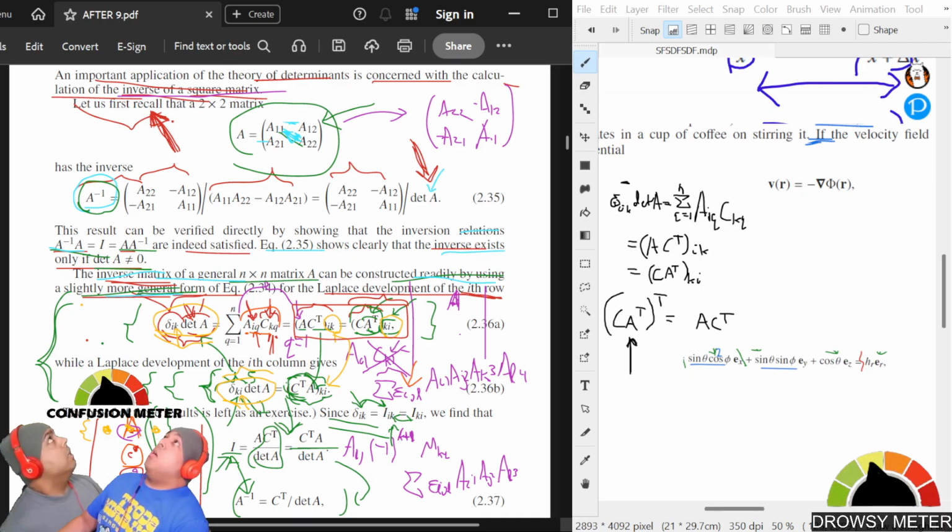Hopefully that's good enough of a question. Yes, the cofactor matrix always has the same order as the original. If your original matrix is n times n, then the cofactor matrix is also n times n.